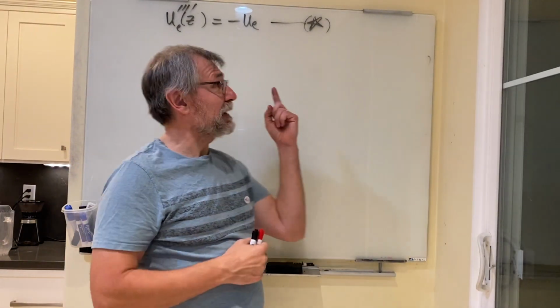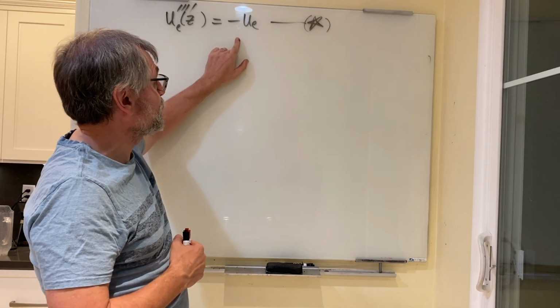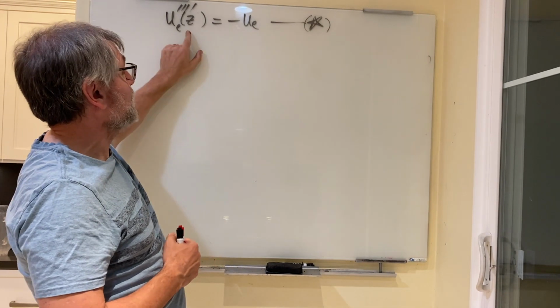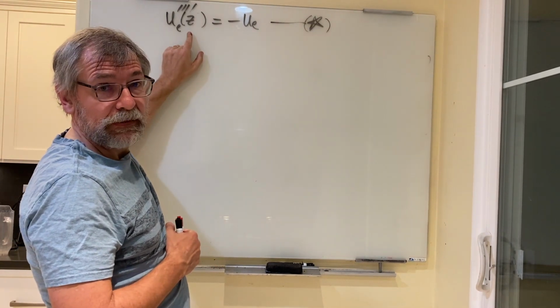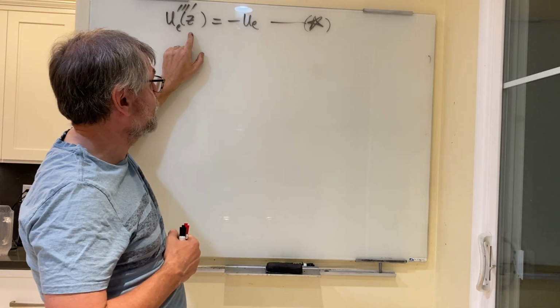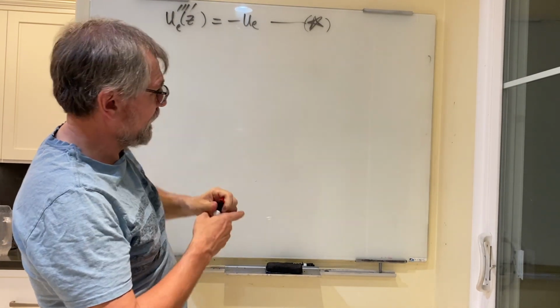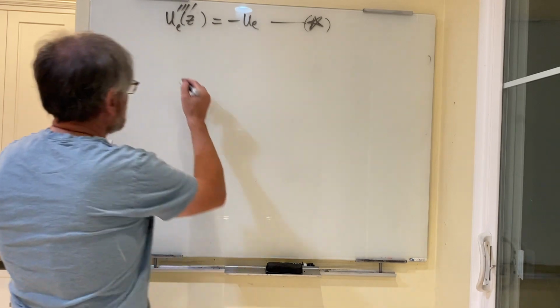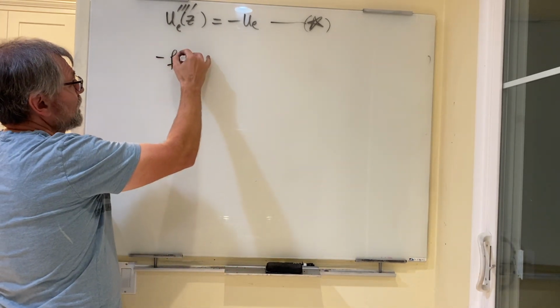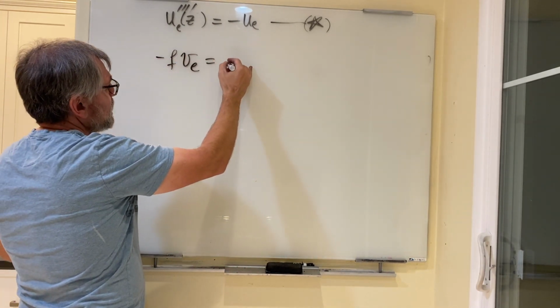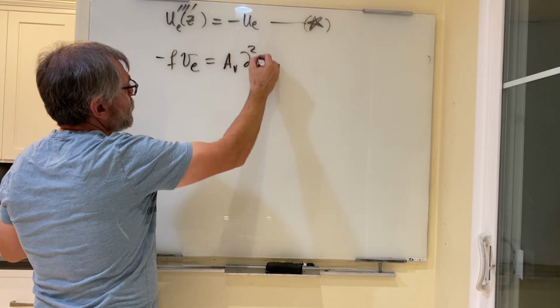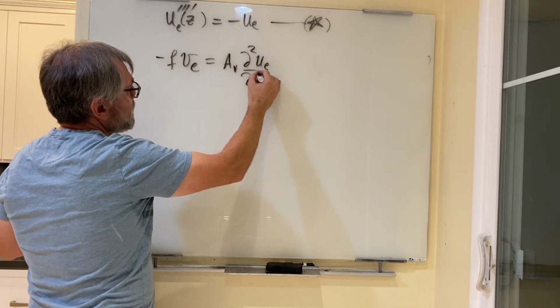All right, so this is my differential equation for ue in terms of the non-dimensional z. And I also would like to have an expression for what VE is. If you remember, the equation was minus f, the dimensional one, minus f VE is equal to AV d2 UE dz squared.